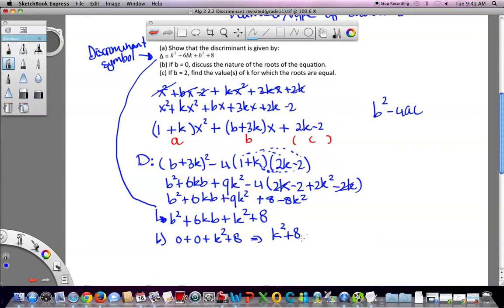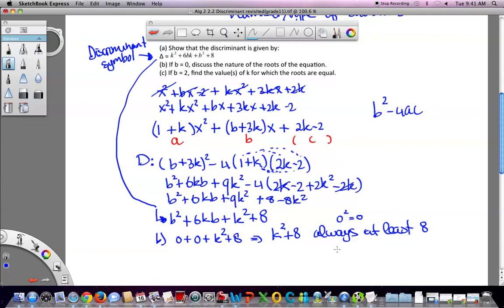Well, the nature of the roots means this: am I going to get two solutions, 1, or 0? And you might wonder, how would you know? Well, since k is squared, it is never negative. The smallest number you can get by squaring is 0, because 0 squared is 0. So k squared plus 8 is always at least 8, which is a positive number.